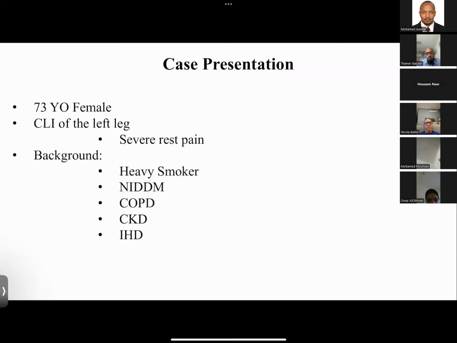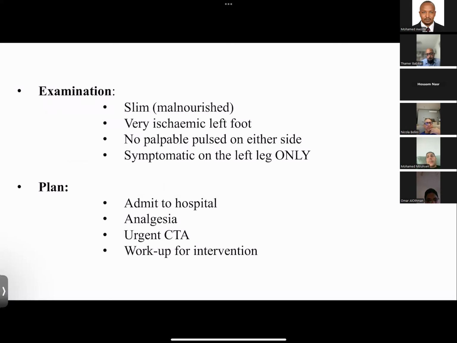So we go to another case, a 73-year-old female with CLI of the leg and severe rest pain. Again, she's got a background of heavy smoking, diabetes, COPD, CKD, and ischemic heart disease. On examination, she was quite a malnourished lady.